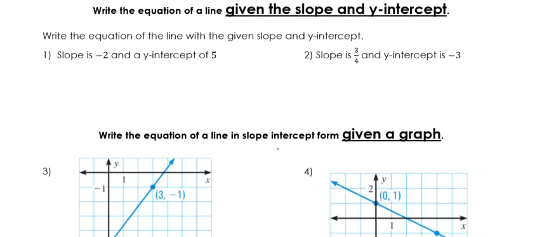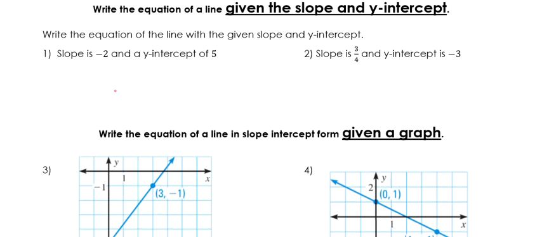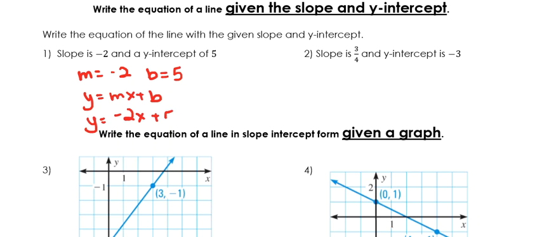And this is super simple, okay? When they're giving you these two things, m equals -2, b equals 5, you're just going to write it in y equals mx plus b. You're just going to replace these in there. So it's going to be y equals -2x plus 5, and that's your answer, and that's it.